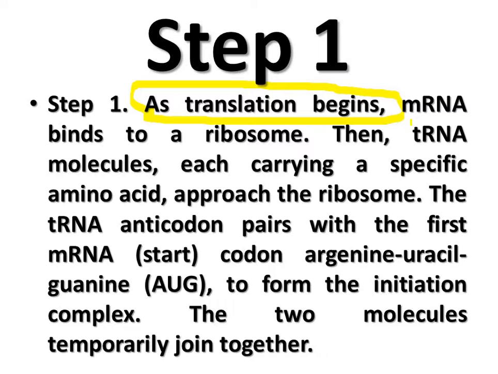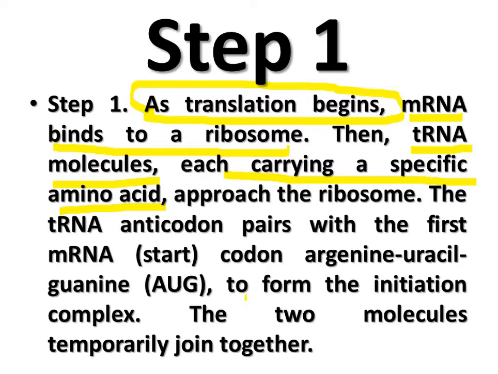Ang translation, magsisimula siya pag yung RNA, no, didikit na siya sa ribosome. So, yung messenger RNA, didikit muna sa ribosome. Then, yung transfer RNA molecules carries a specific amino acid approaching the ribosome.